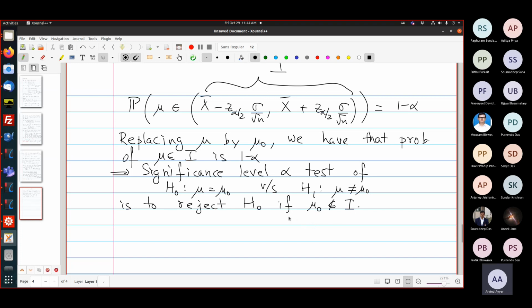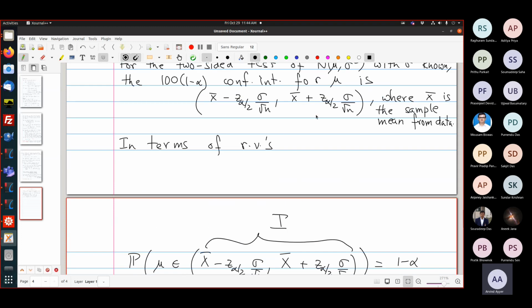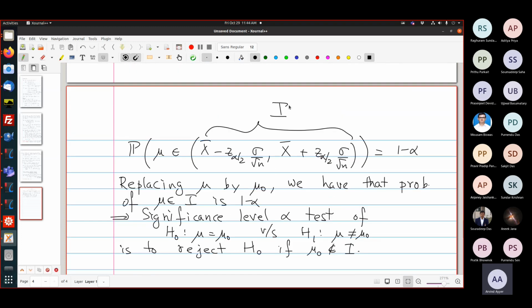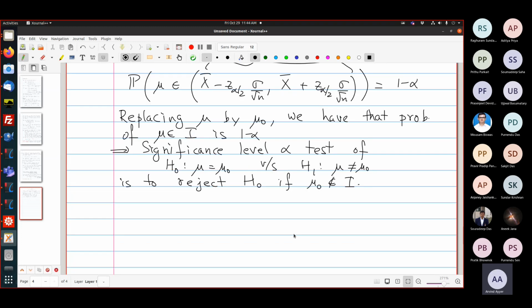So that was the conclusion. So you see the intimate connection between the kind of confidence intervals that we constructed and the tests, right?